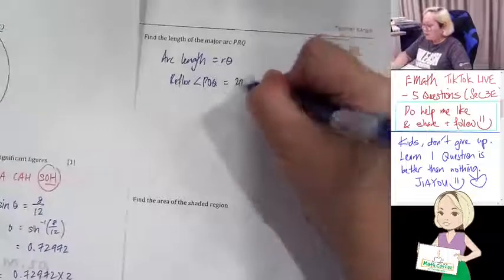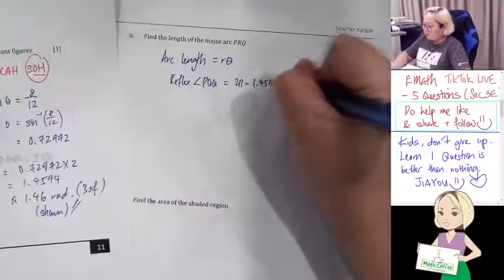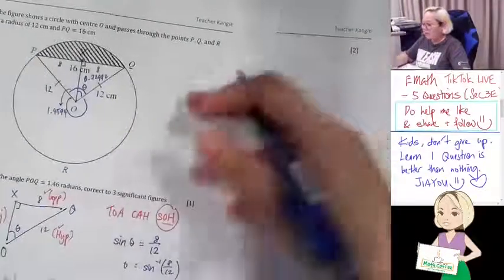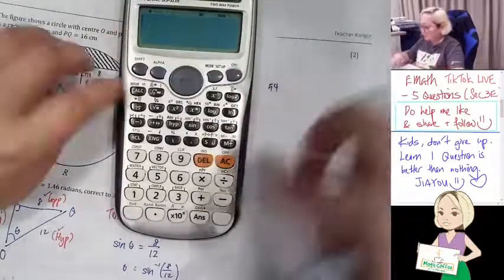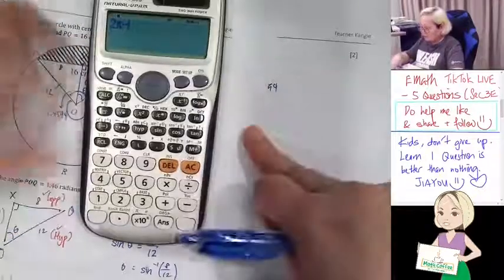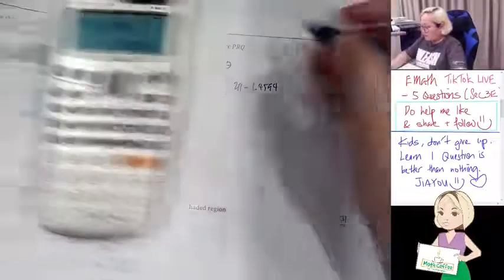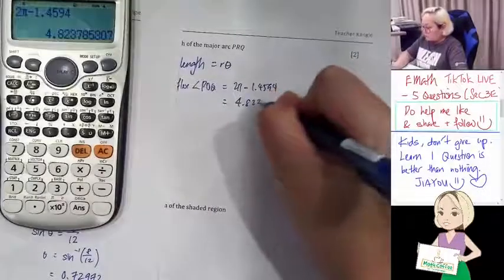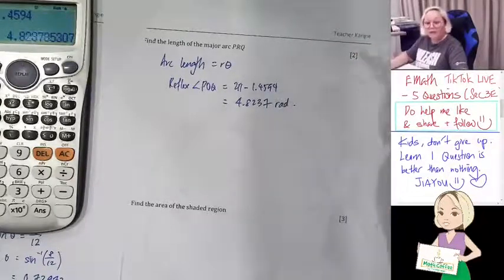So just take 2 pi minus 1.4594 and press the calculator. This one doesn't matter whether you are in radian or degree mode. So 2 pi minus 1.4594, and I get 4.8237. Okay, this is the reflex angle.